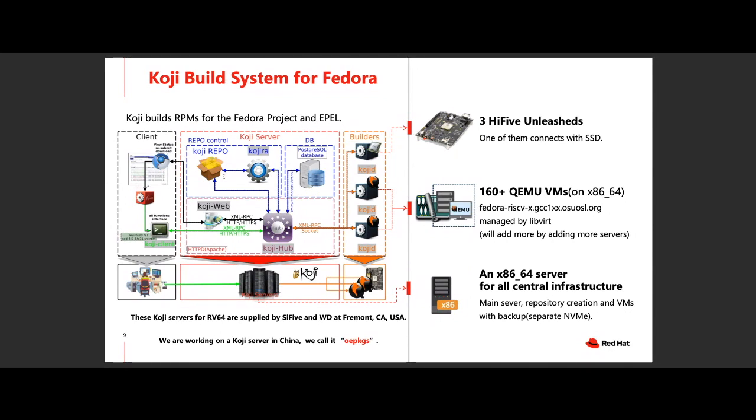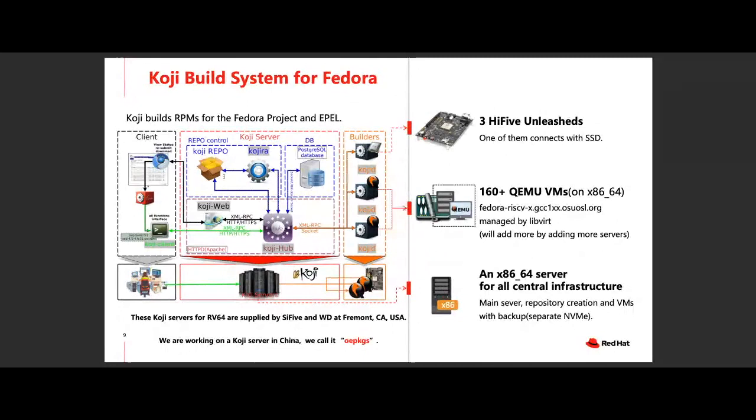This build system is very important for all distributions. Some other distributions have their own build systems, like SUSE has the Open Build Service, and Debian has their own system. They all solve the same problem: they need a unified build environment.